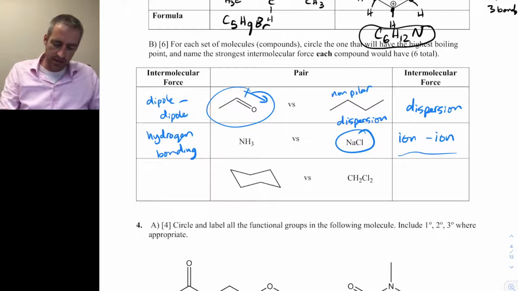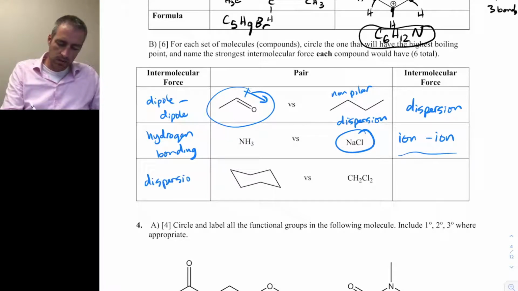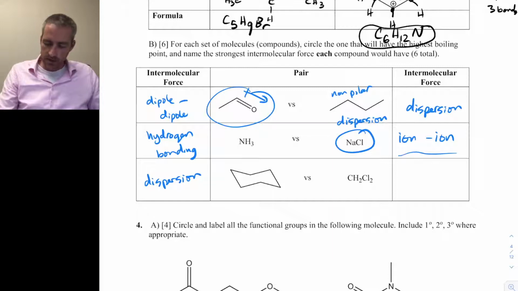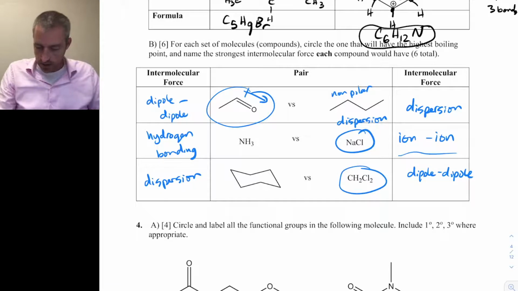Next we have cyclohexane, which has only dispersion. Nonpolar. CH2Cl2 is polar, so it has dipole-dipole, but it doesn't have hydrogen bonding. Nevertheless, dipole-dipole is stronger, so you'd think this would have a higher boiling point.